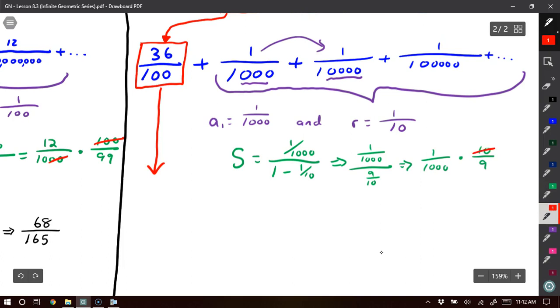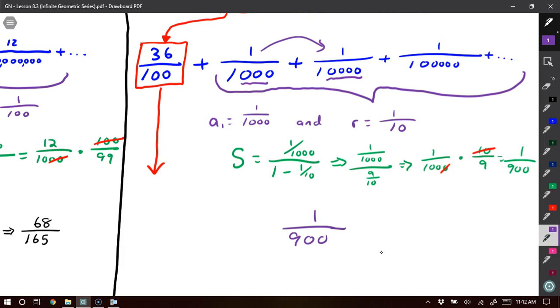So in this case, a 10 is going to cancel out a 0 here. And so I have 1 over 100 times 9, 900. So right here, this purple part, is 1 over 900. That is the sum of 1 over 1,000 plus 1 over 10,000 plus dot, dot, dot.